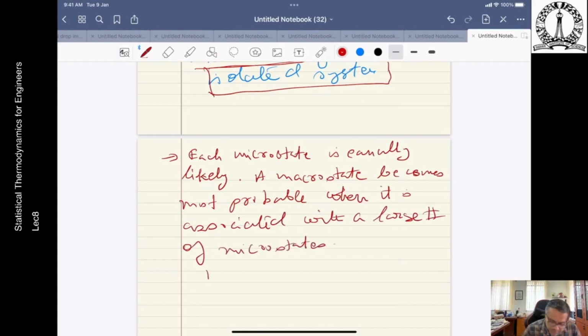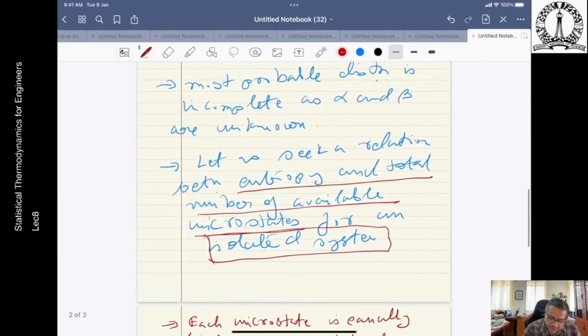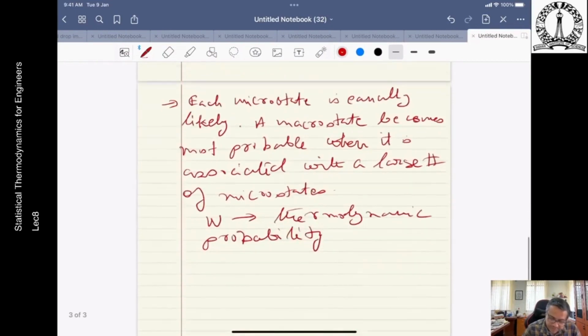So W is basically what we call the thermodynamic probability. So this is the journey we are going to undertake: we have to find out alpha and beta, but at the same time we have to find out a relationship between entropy and the total number of available microstates for an isolated system.